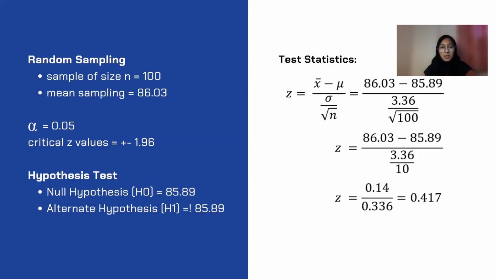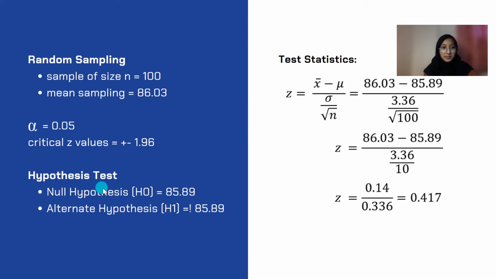From the previous critical value table, we know that the critical z value for alpha 0.05 is 1.96. I use a two-tail test here, and I use the critical value and the p-value approach to testing.